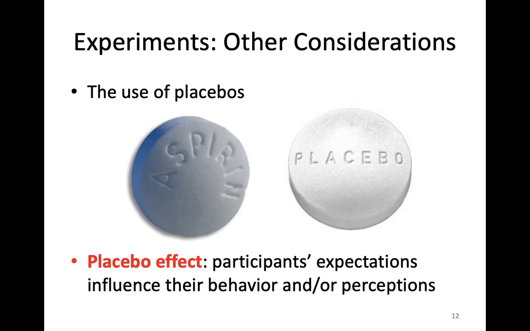When we have an alcoholic beverage, there's some expectation about what that's going to do. It's going to make us more relaxed, maybe less inhibited. So it's not just the actual alcohol, but it's our beliefs about what that alcohol is going to do to us.